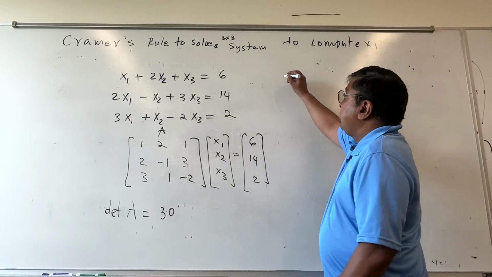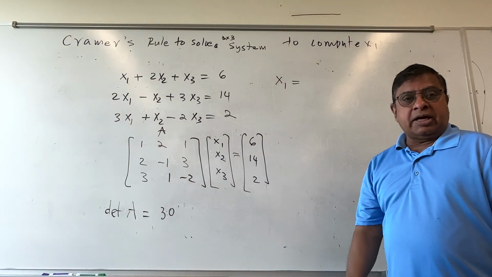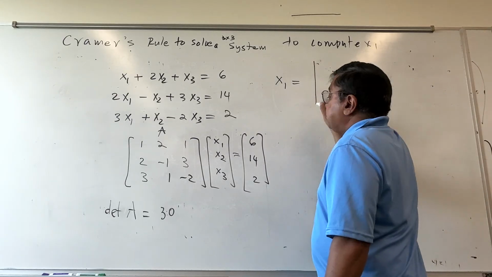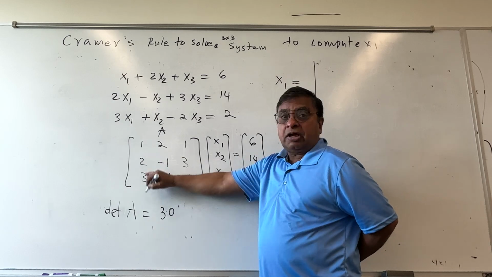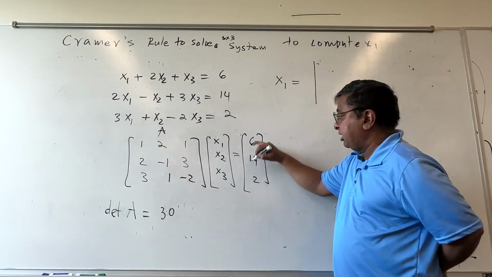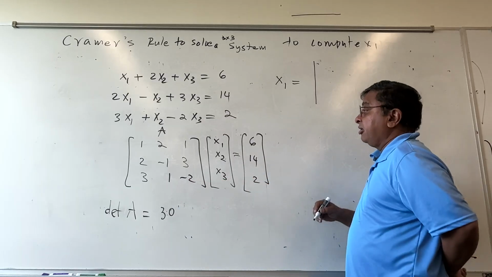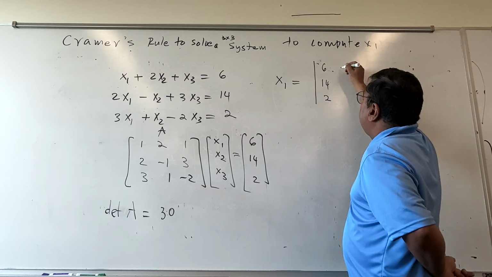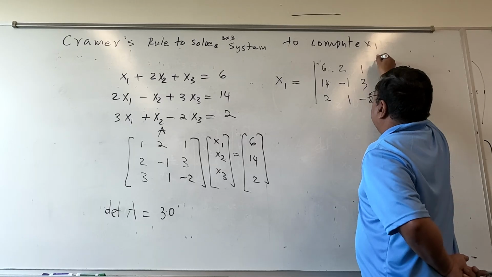So what is the value of x1? As mentioned in the previous video, the answer for x1 is you replace the first column, because we are trying to compute x1, by the output and keep the remaining two columns as they are. So 6, 14, 2, 2, negative 1, 1, 1, 3, negative 2.